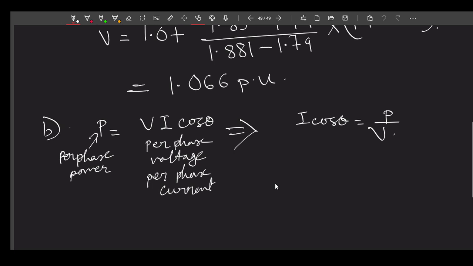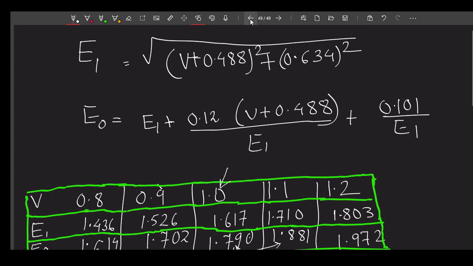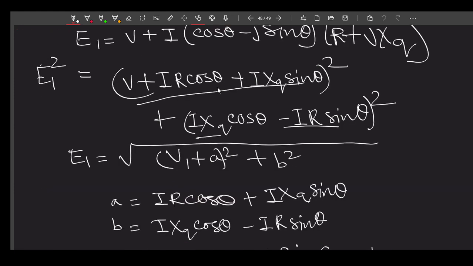Accordingly, you can write that, so again let us write the expression of E1 squared is equal to, from our previous expression, from this expression.